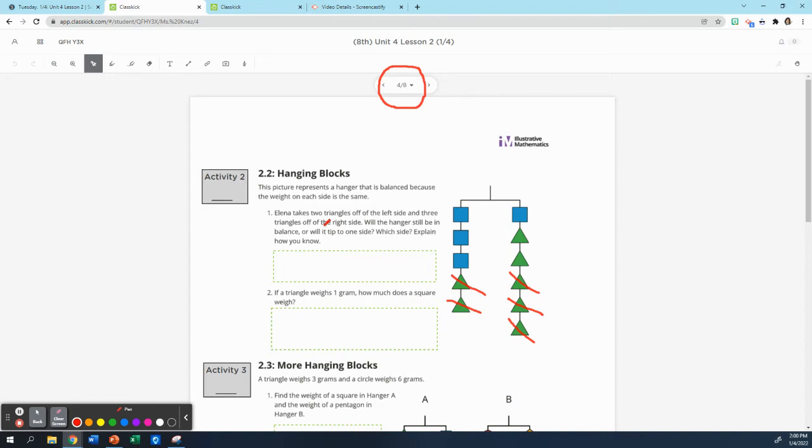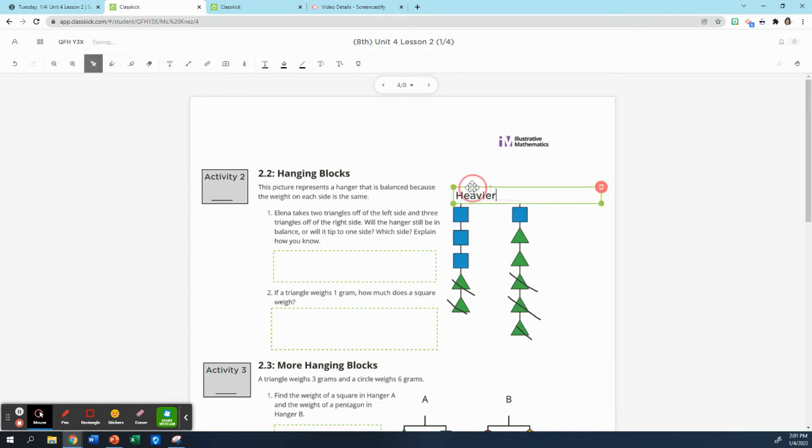Okay, so we know that if 2 triangles get taken off of the left side and 3 triangles get taken off of the right side, the hanger will no longer be balanced. The reason is that if we eliminate 2 from one side but 3 from the other side, we are going to make the left side heavier and the right side lighter, right?